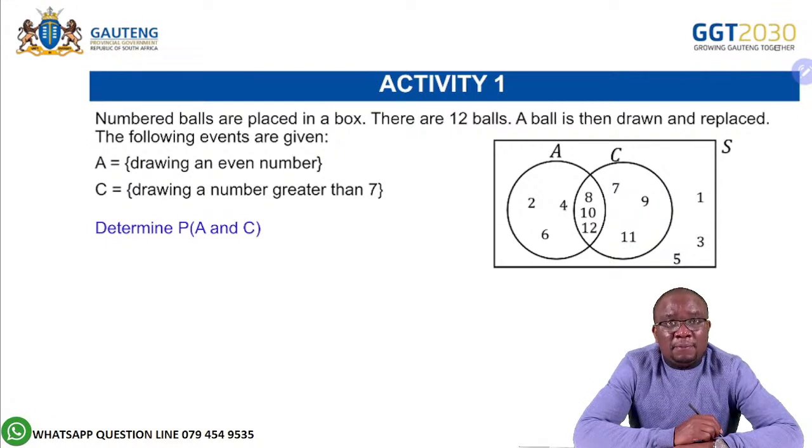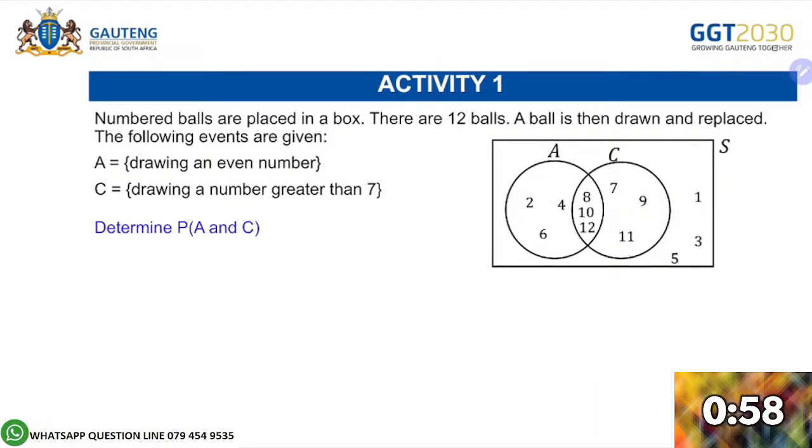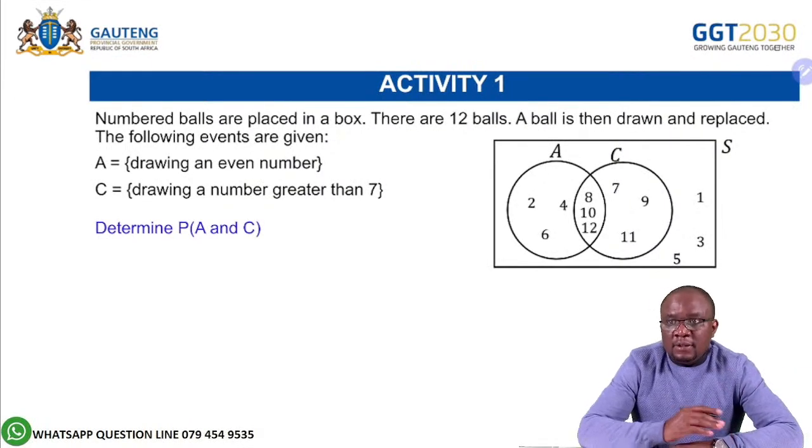And then we go to probability of A and C. Let's do it for 1 minute. Right, welcome back, grade 10s.